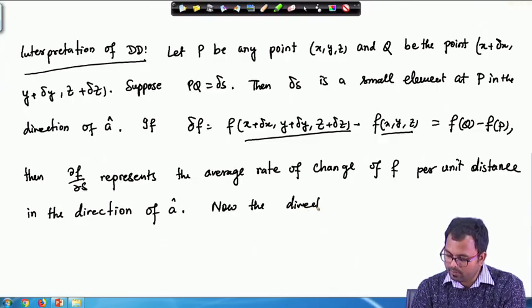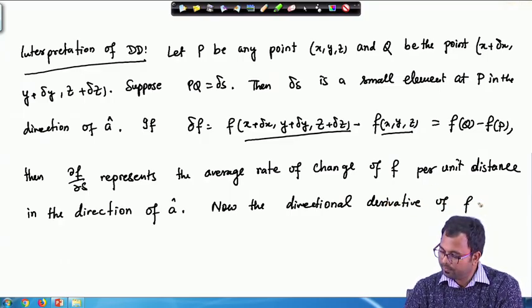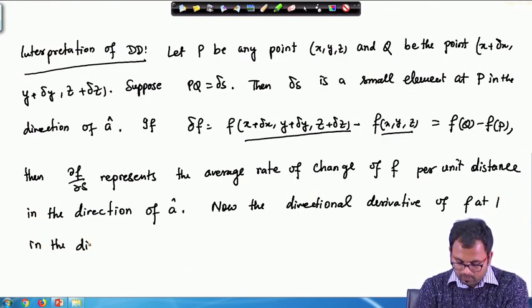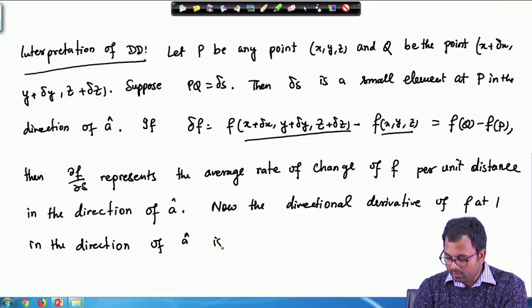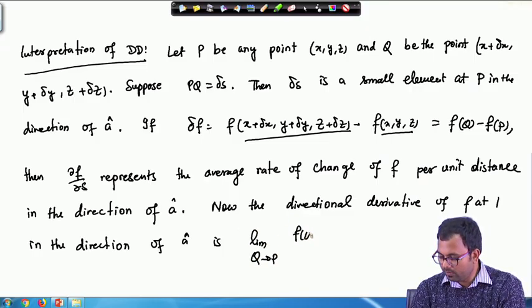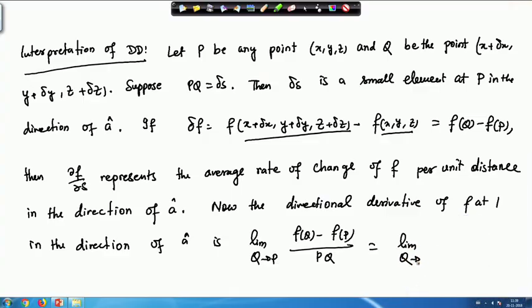And now the directional derivative of f at the point P in the direction of a cap is basically the limit as Q goes to P of (f(Q) minus f(P)) divided by PQ, which is the limit as delta s goes to 0 of del f by del s.